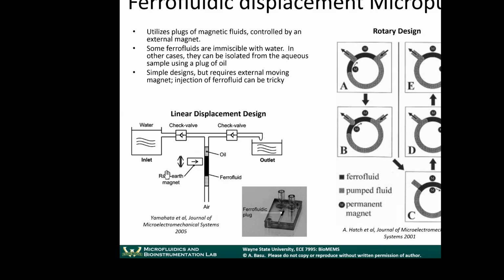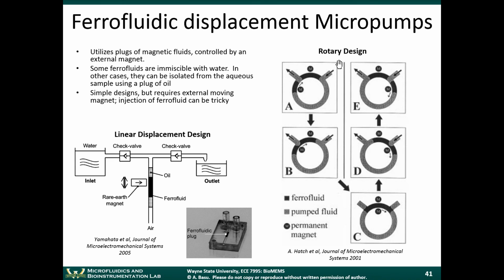So this linear design can be made into a rotary design. In a rotary design, you might have 2 ferrofluids like this. You can look through this diagram yourself. As the ferrofluid is being rotated around the chamber like this, similar to the rotary pump, the rotating motion here is going to pull some liquid into this chamber and push liquid outside of the chamber just due to this rotary motion.